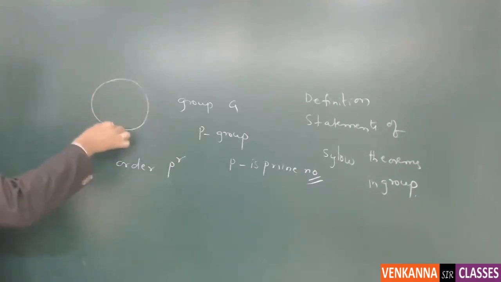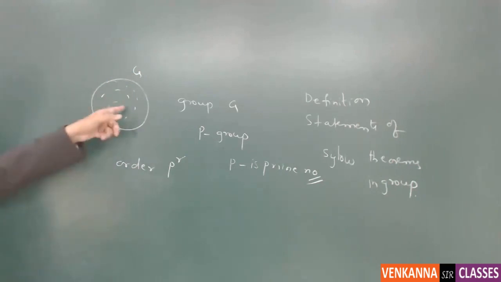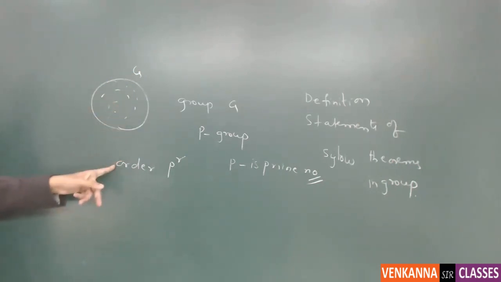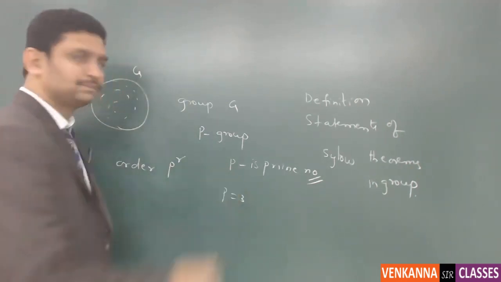So if this is G, every element in this set, if you calculate its order, is p power r.